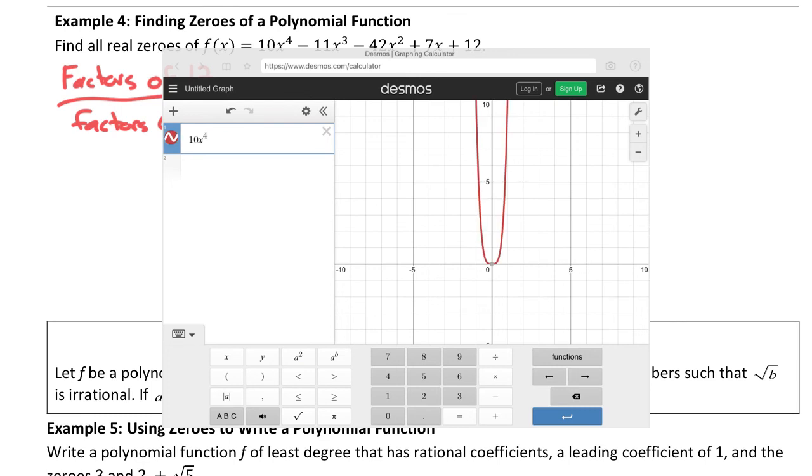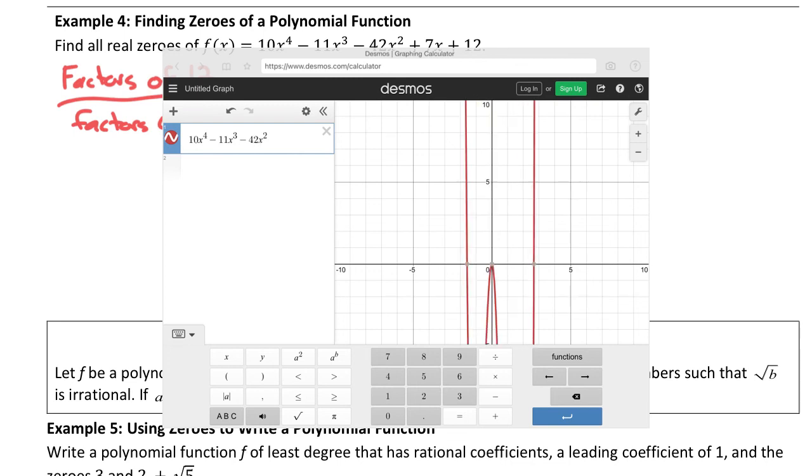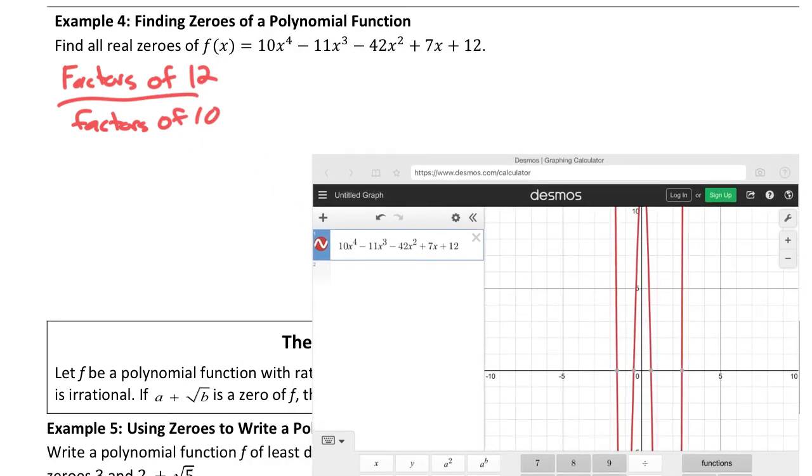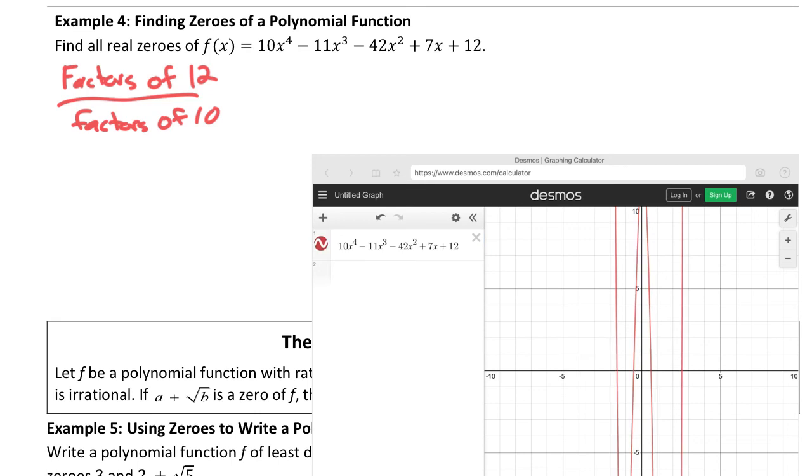So minus 11x to the third minus 42x squared plus 7x plus 12, okay? So this is the thing I would like you guys to know how to do when the solutions are a little bit harder to find.